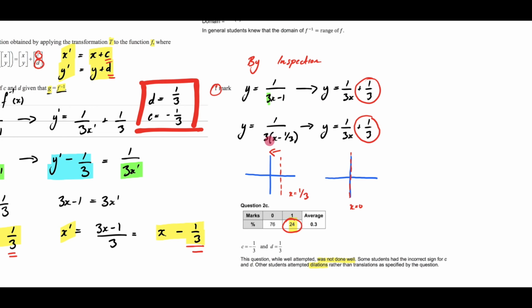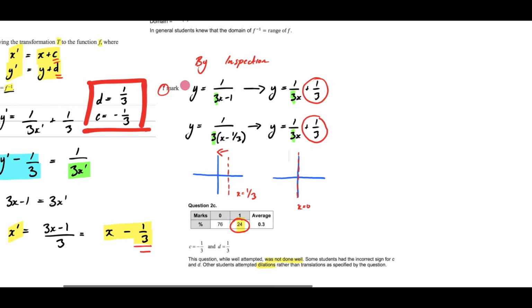So I have a 3 there and I have a 3 there. So too over here, I have a 3 in front of my x, and I have a 3 in front of my x, and that means that both graphs have been dilated 1/3 from my y-axis. So that means a dilation is not separating these two graphs, and therefore would not have to be applied to turn one into another. Because I think this is something that people may get confused of.